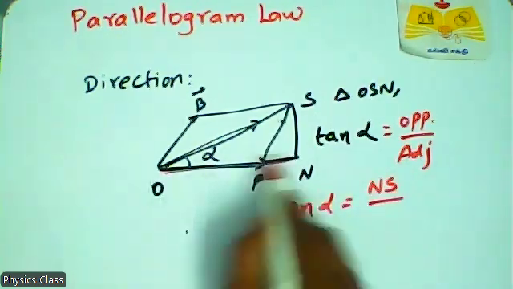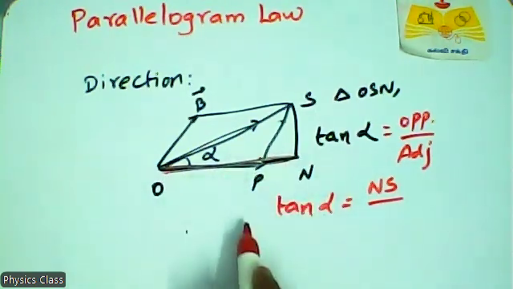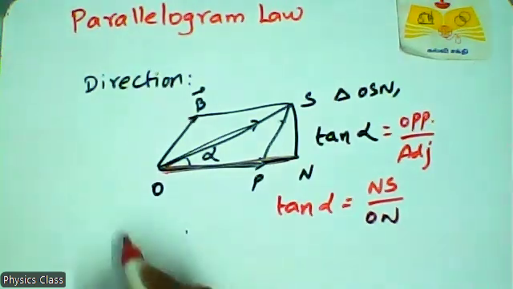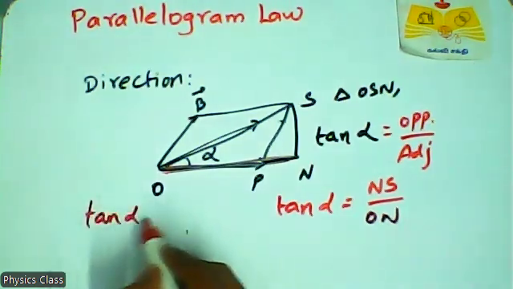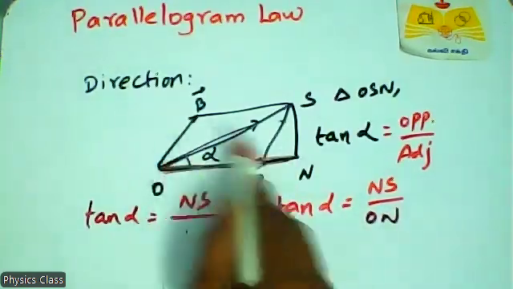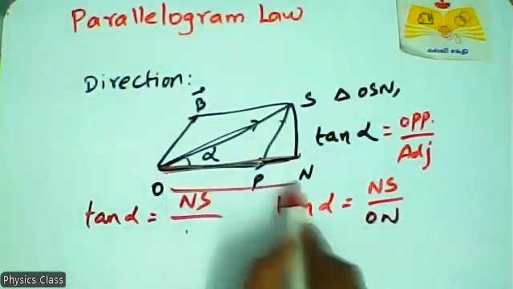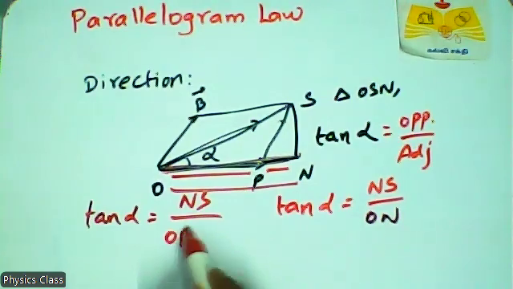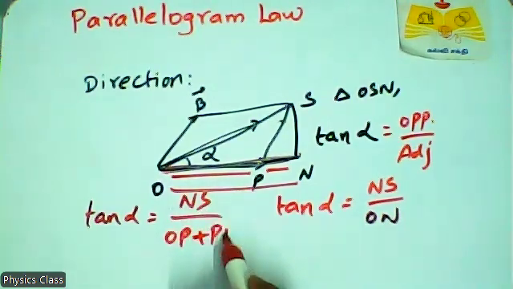The adjacent side is ON. ON means OP plus PN. So tan alpha is equal to NS by OP plus PN.